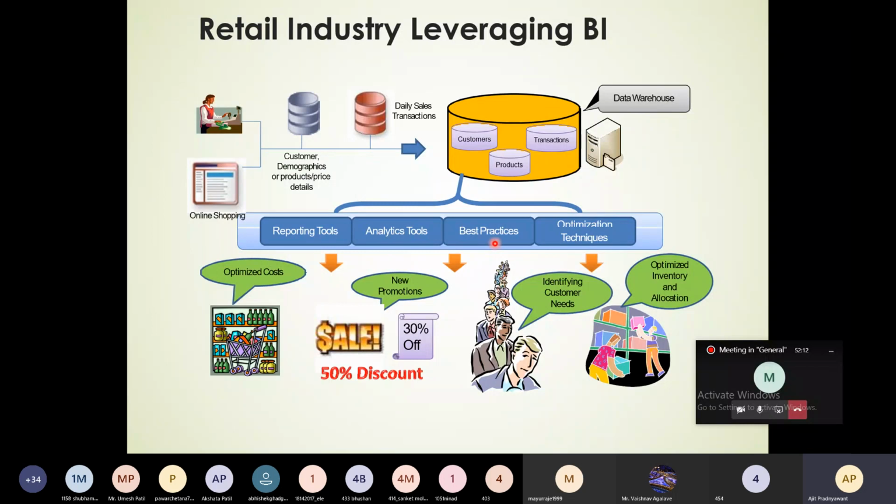With the help of this, they can optimize the cost, have new promotions, and identify new customer needs. Based on that, they can attract customers and optimize inventory and allocation. So this is how BI will help the retail industry to do good business. They will find new opportunities and attract customers.